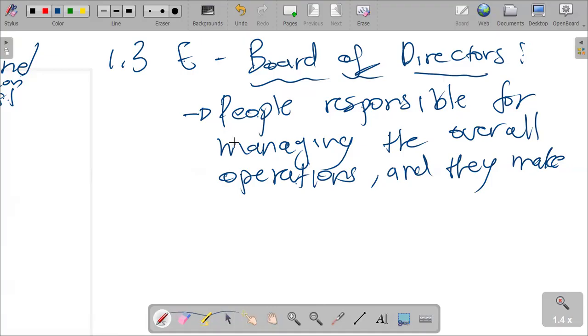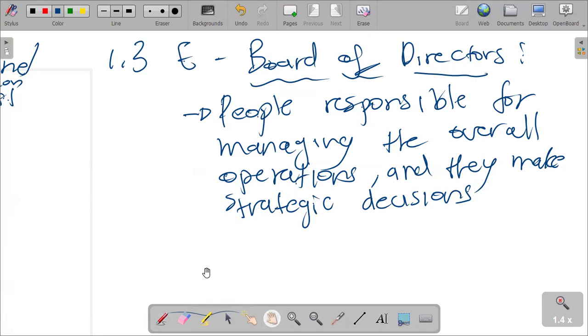They come up with ways to improve the business. So basically, your board of directors are the people responsible for managing the overall operations, and they make strategic decisions.